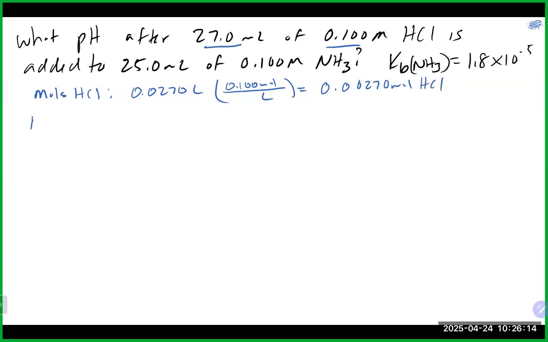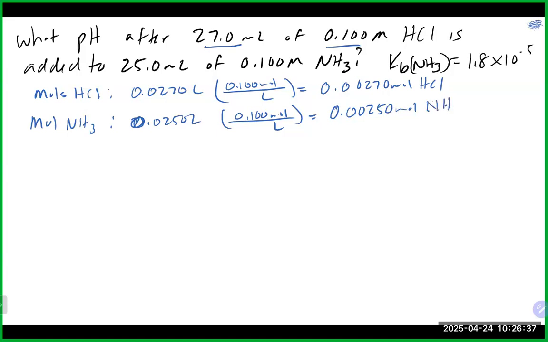We'll do the same thing for our NH3. We have 25 mils, which is 0.025 liters, times the molarity, 0.1 moles per liter, and that gives us 0.0025 moles of NH3.